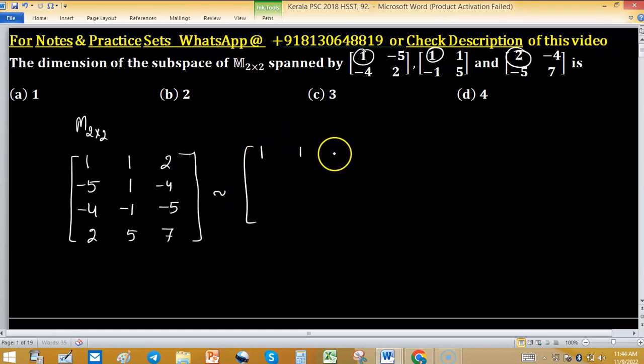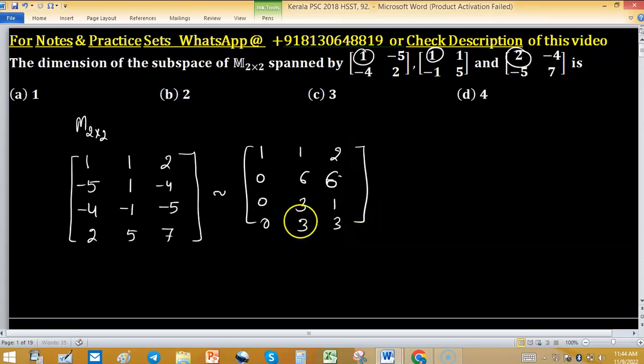There is no change in the first row: 1 1 2. Then 0, 5 plus 1 is 6, 10 minus 4 is again 6, 0, 3, 1, 0, 3, 3.